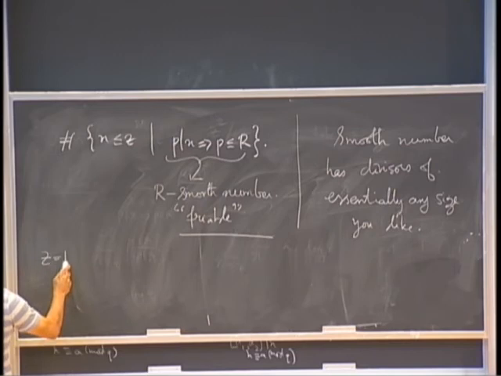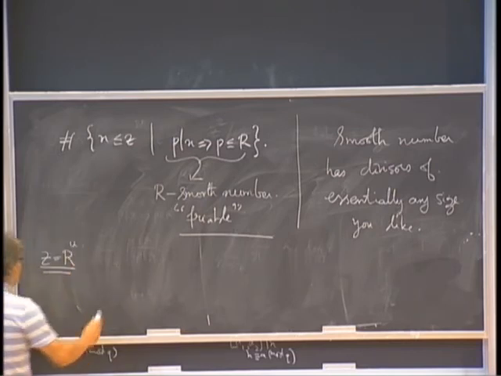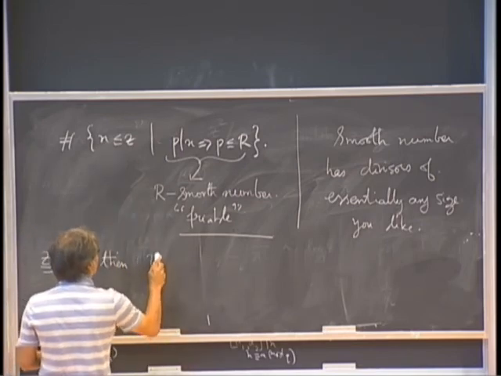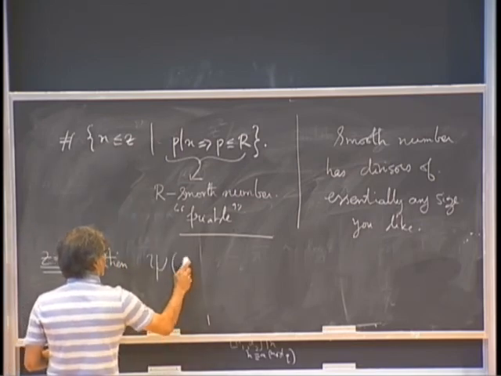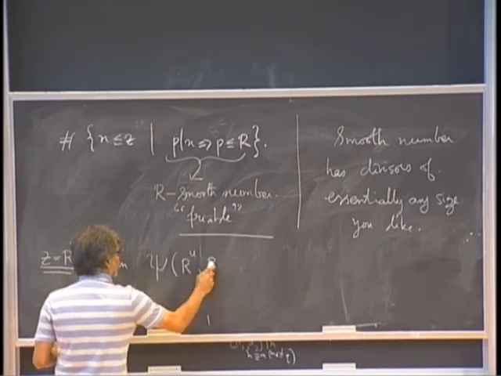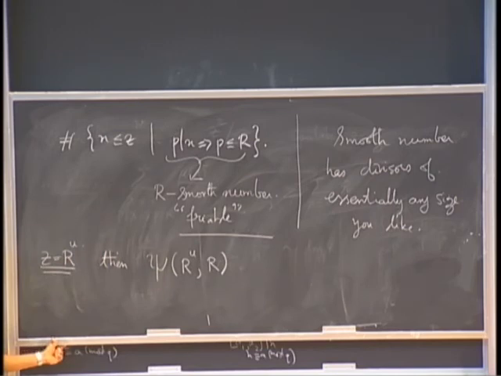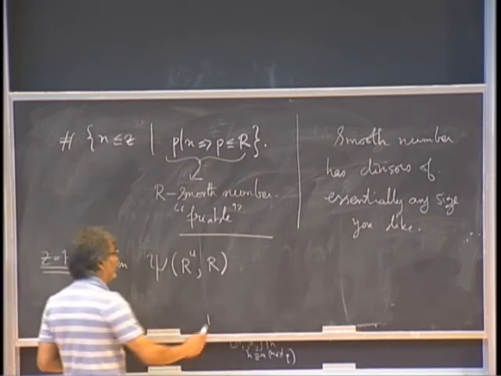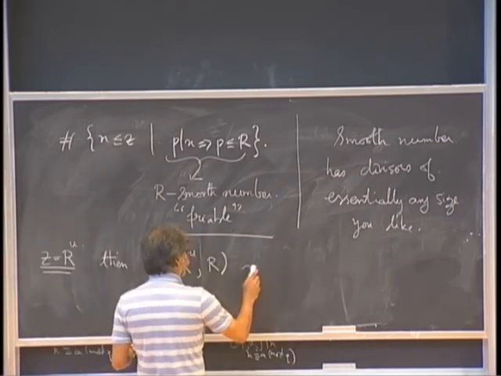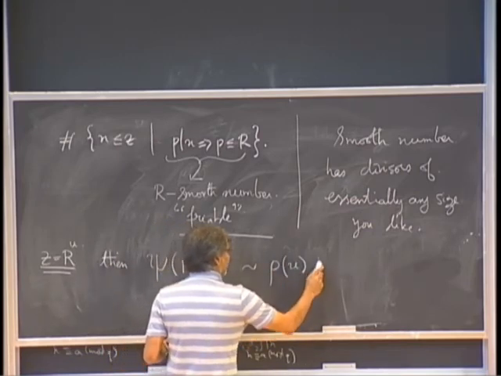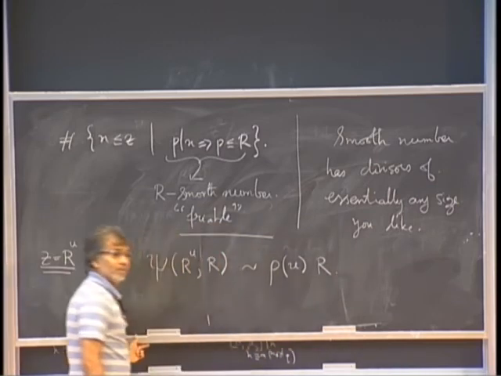So if you put z is r to the u, then this number is denoted by psi of r to the u, r. So the number of integers up to r to the u, all of whose prime factors are less than r. And there's an asymptotic formula for this, that this is asymptotic to a function rho of u times the number of integers up to r to the u.